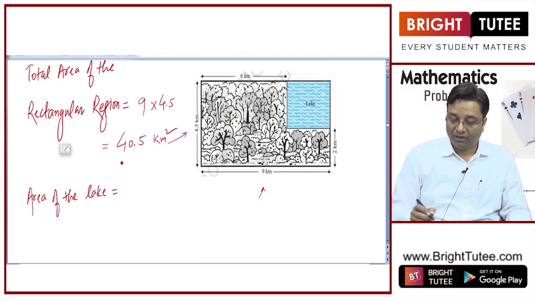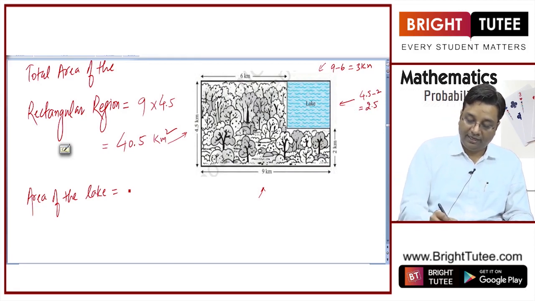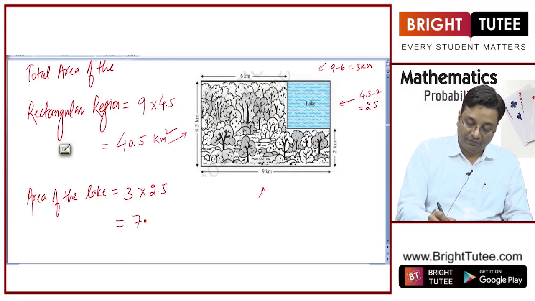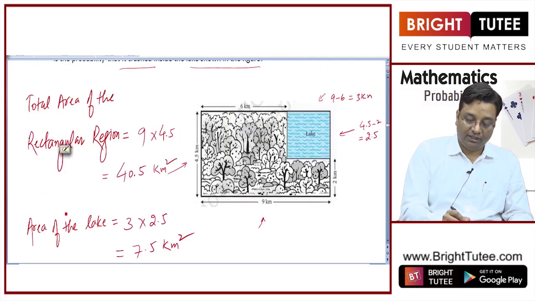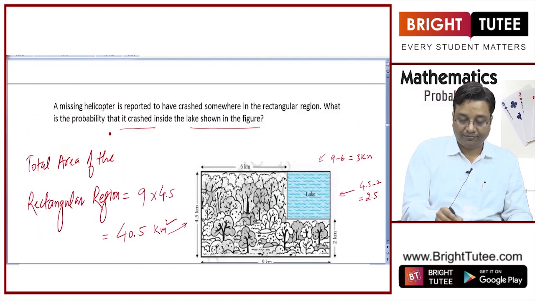What is the length here? Length is 9 minus 6, that is 3 kilometer. What is the breadth? It is 4.5 minus 2, which is equal to 2.5. So the area of the lake is 3 into 2.5, which is equal to 7.5 kilometer square, right?